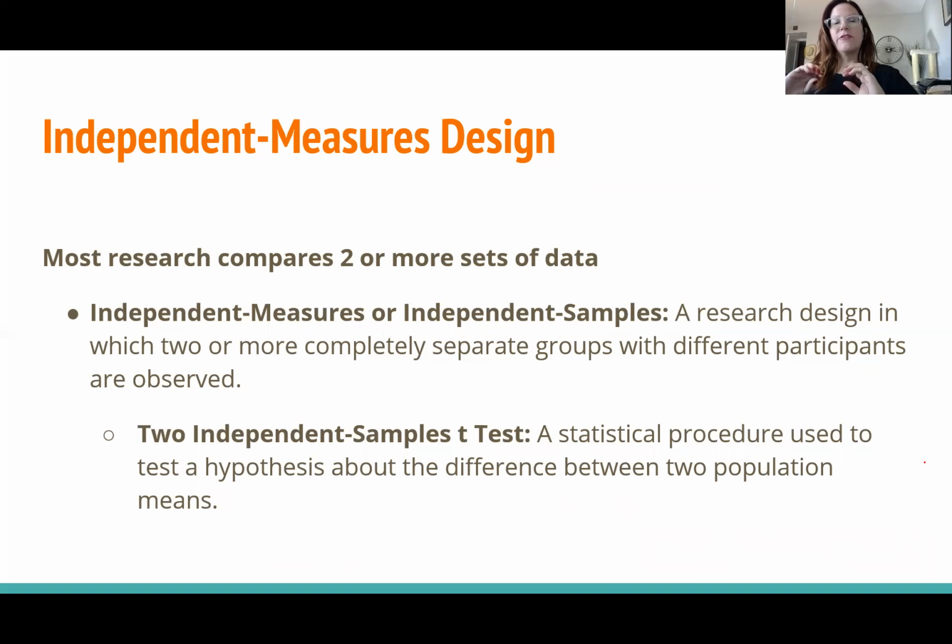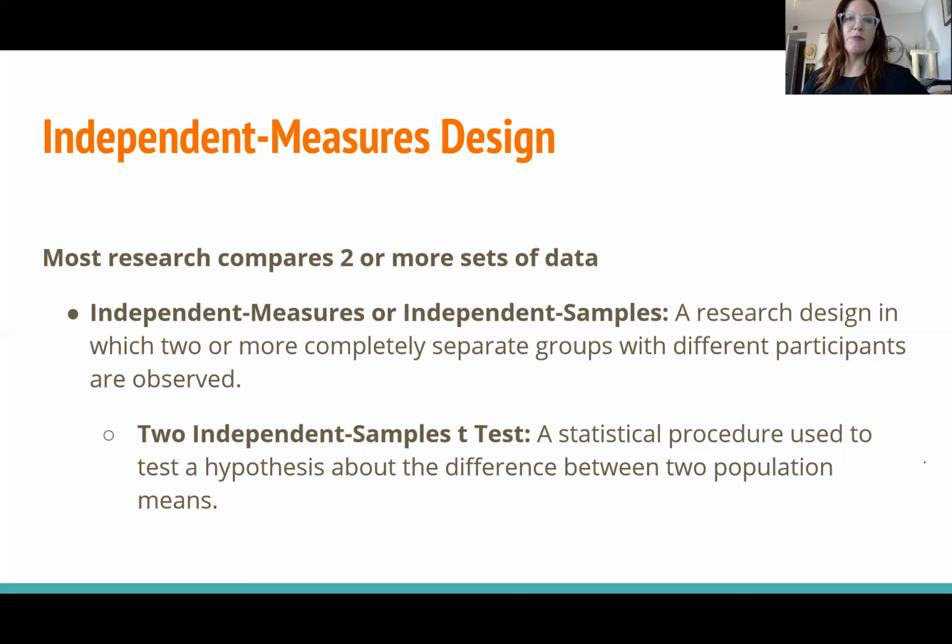Now, when we are very specifically talking about an independent samples t-test, we're talking about two conditions. So when you think T, think about two, for two means. Even in a one sample t-test, the T is standing for two because you are looking at the difference between two means, the sample mean and the population mean.